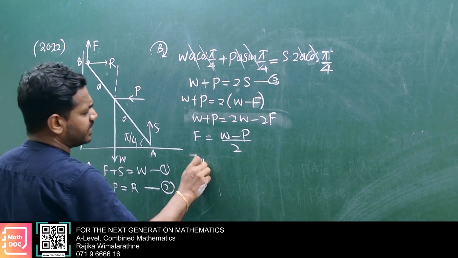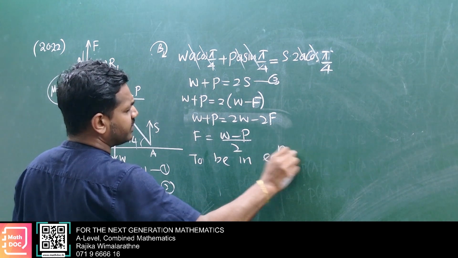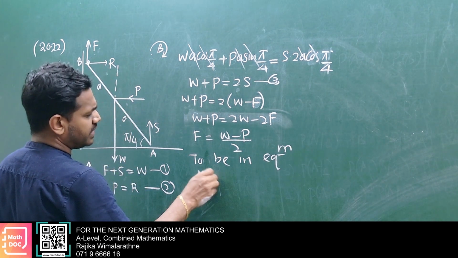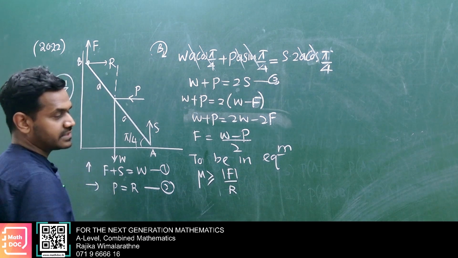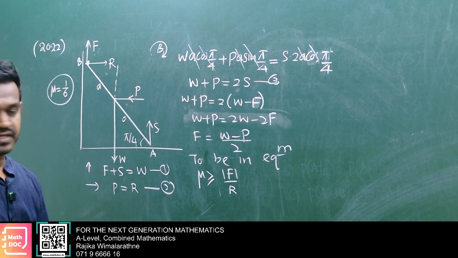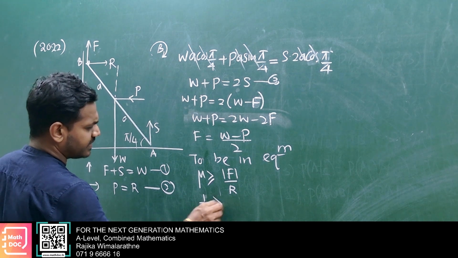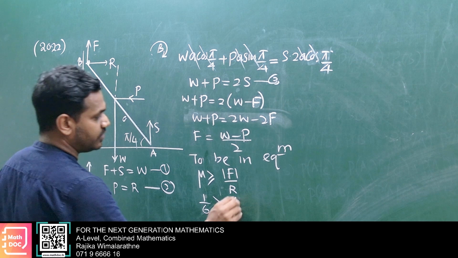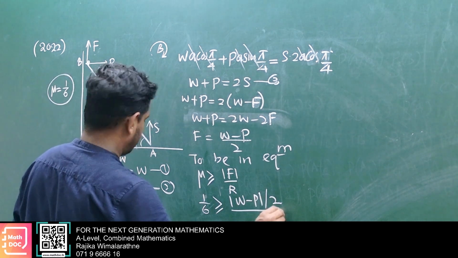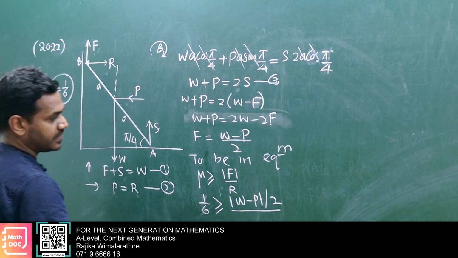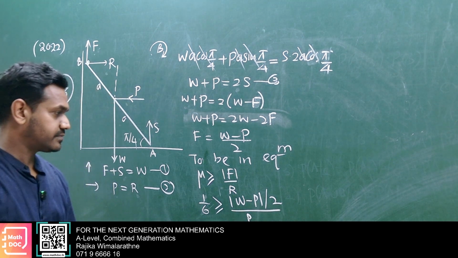Then to be in equilibrium, mu greater than or equal F divided by R, you need to put modulus here because direction of F can be changed, no? Then mu value given 1/6. F value here W minus P modulus over 2. R value is P. Now you can simplify this inequality.